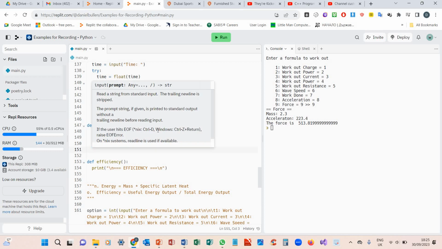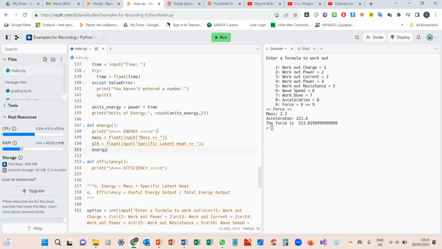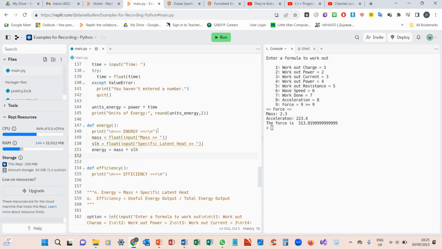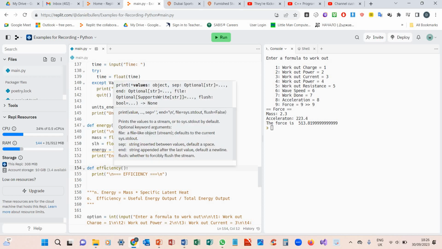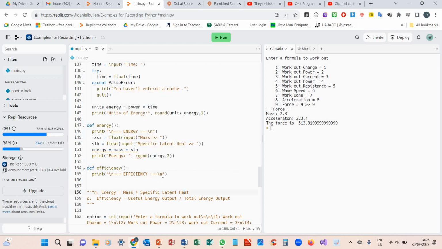And then what we need to do now is energy equals mass times specific latent heat. So the energy, round energy 2, there we go. Got all that in there. Yep, they're all used. We're making sure they're all used.